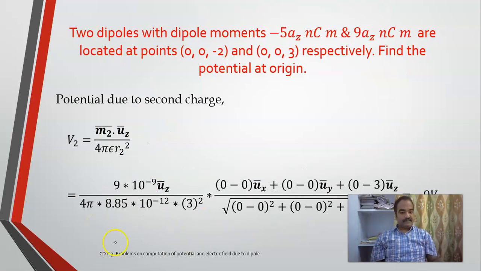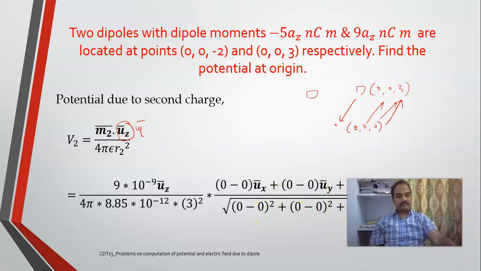In the second case, again I will do it with the unit vector along the length. For the second point, it is at (0, 0, 3), right? This is at (0, 0, 0). So (0 minus 0) ux bar, (0 minus 0) uy bar, (0 minus 3) uz bar, by the square root of its magnitude, which will be 3.